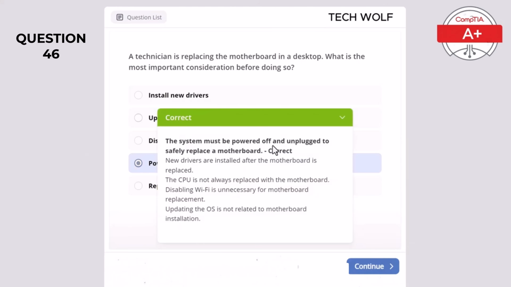The system must be powered off and unplugged to safely replace a motherboard. New drivers are installed after the motherboard is replaced. The CPU is not always replaced with the motherboard, disabling Wi-Fi is unnecessary for motherboard replacement, and updating the operating system is not related to motherboard installation.